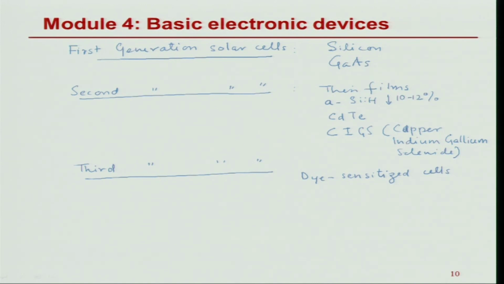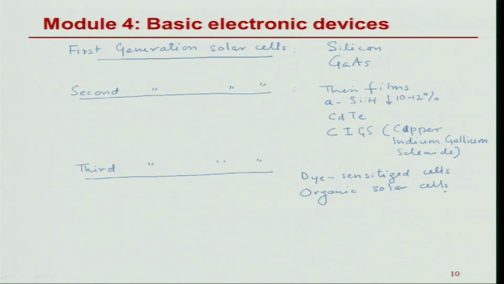But in the third generation, even the mechanisms become very different. It was no more p-n junction dependent, because the type of material and absorption was a very different kind. So dye sensitized cells and organic solar cells depend on the discontinuity of the materials to create the photovoltaic action. These constitute the third generation solar cells.